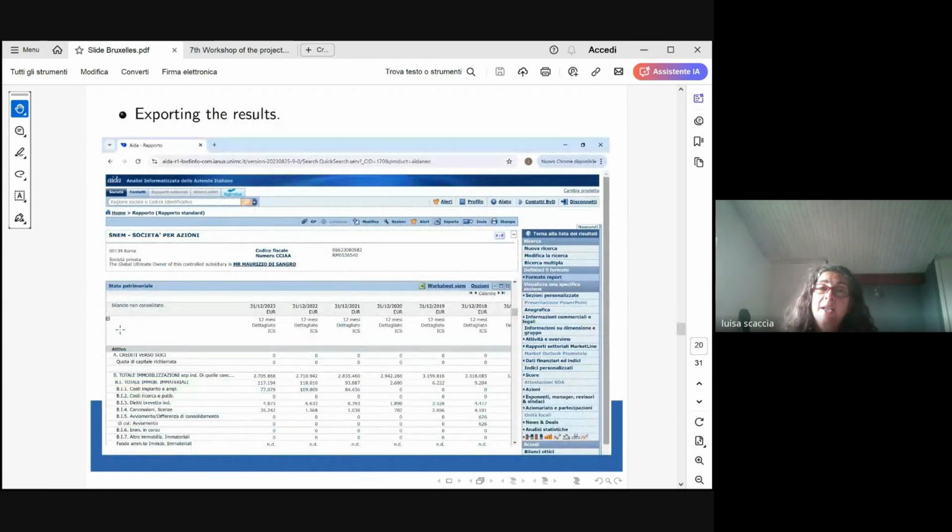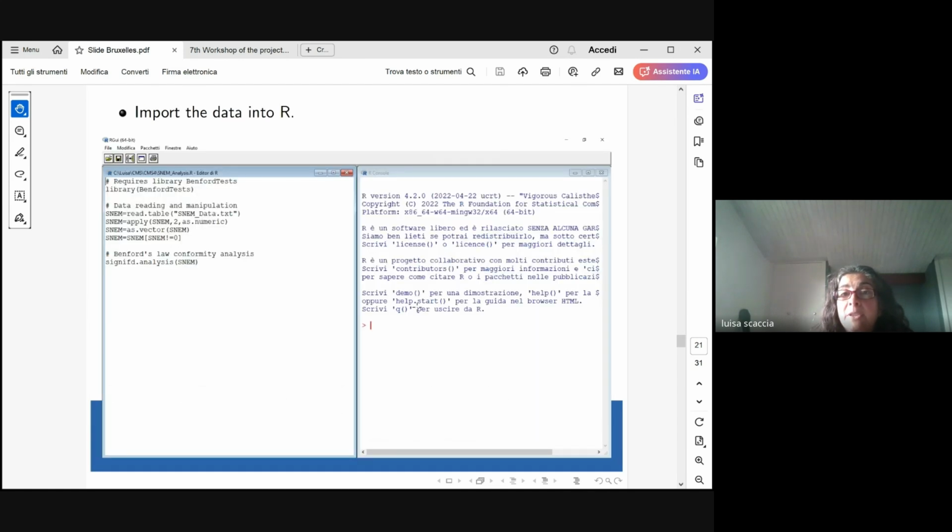Once you have selected the firms you are interested in, you can have access to their balance sheets, and you can download them in a worksheet file. You can then perform the analysis using simply Excel, or you can upload the Excel file into a specific statistical software.